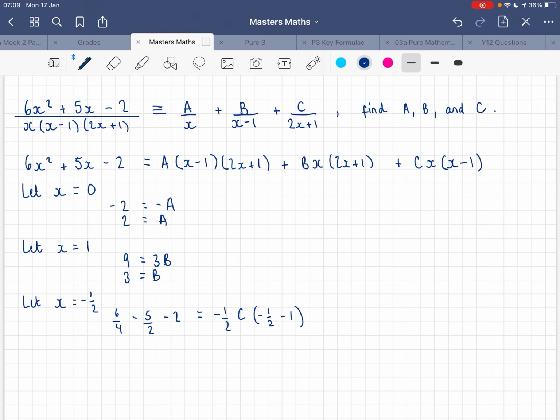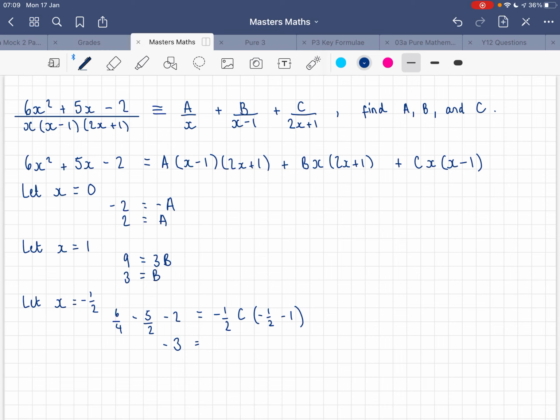Now I'm going to need my calculator. So 6 over 4 minus 5 over 2 minus 2 is negative 3. That's nice. And then negative a half minus 1 is negative 3 over 2.